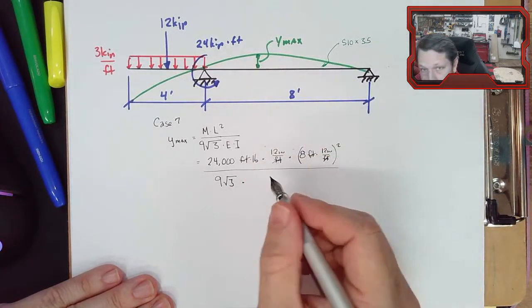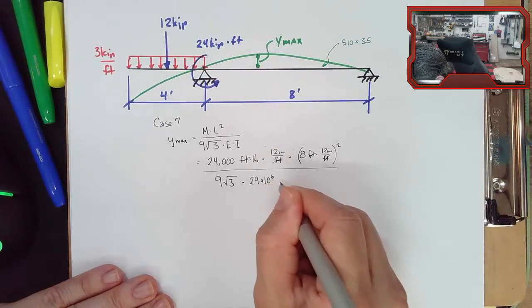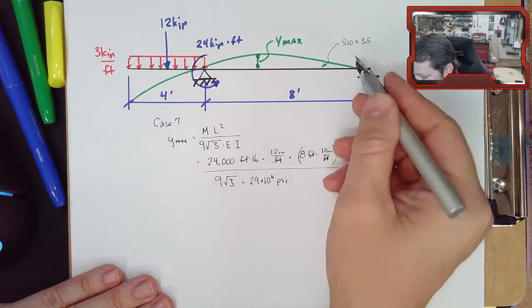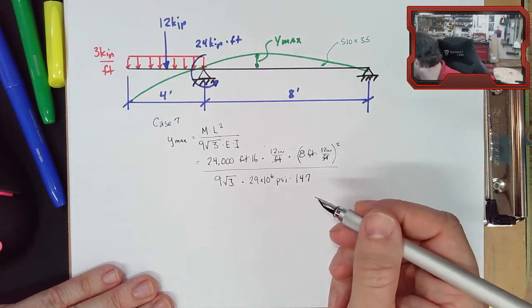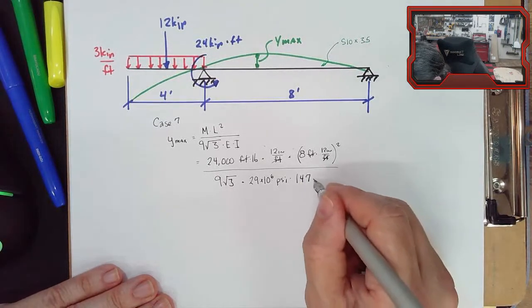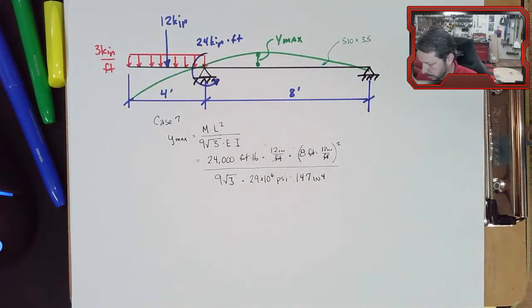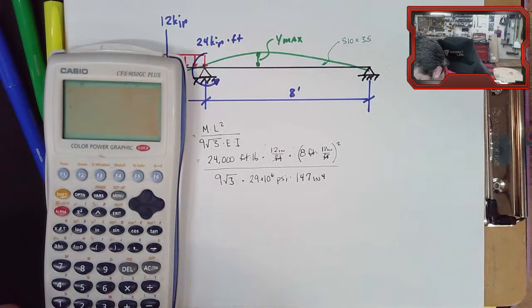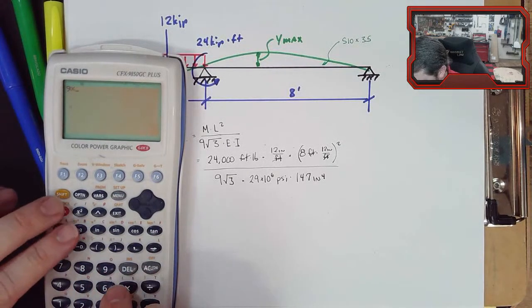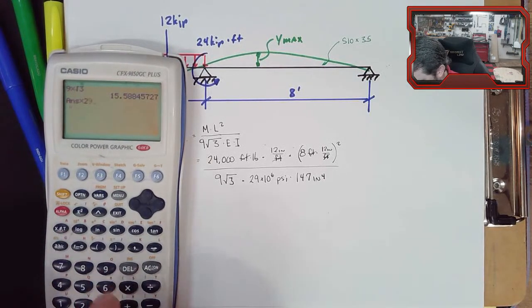E, we said it was that 29 million. I, we said it was the same beam that we've been using. It was 147, right? Yes. And that should give us the maximum deflection. All right, 9 times square root of 3 times 29 million times 147.